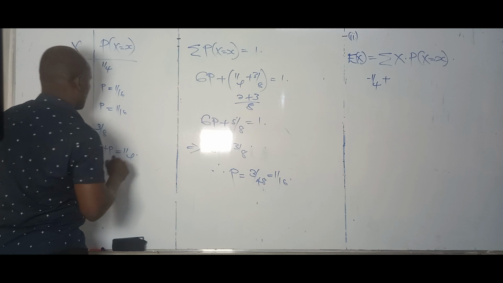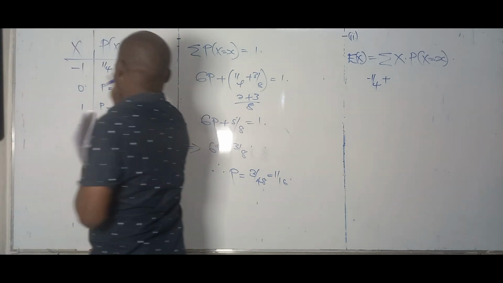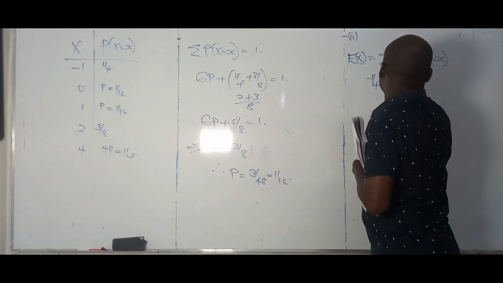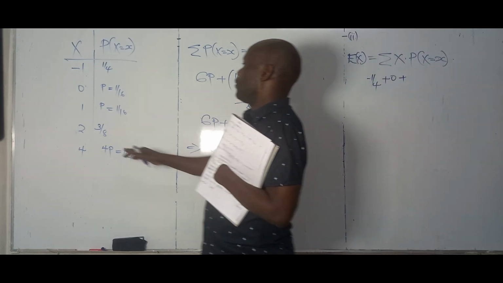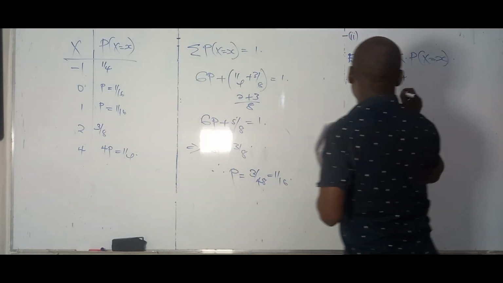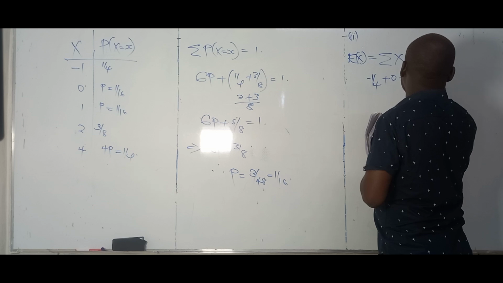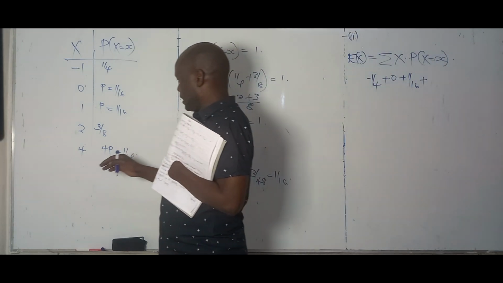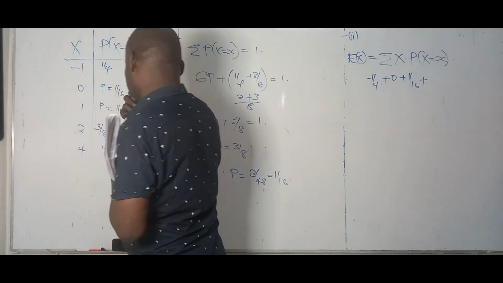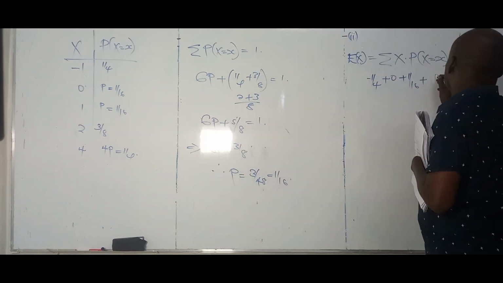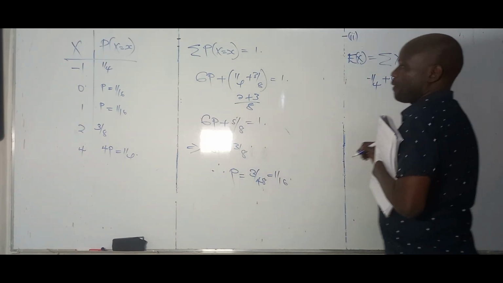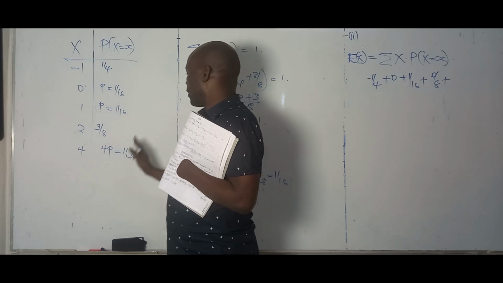Here 1 over 16, and then here 4 over 16, that is 1 over 4. This should be a quarter. So 0 times 1 over 16 is just 0. Plus 1 times 1 over 16 is 1 over 16. Plus 2 times 3 over 8, that is 6 over 8. Plus 4 times a quarter, which is 1.